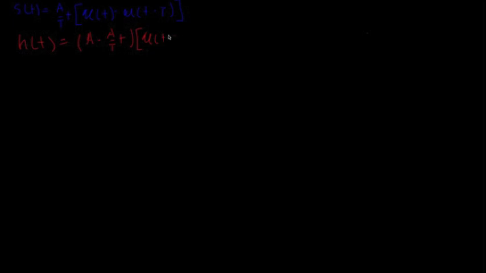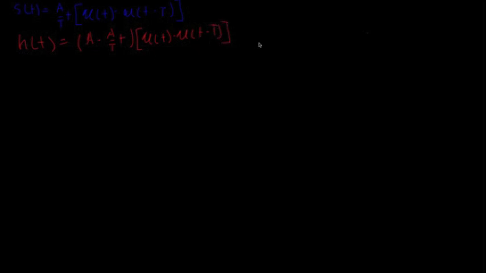Again, we said that s of t was equal to A over capital T times little t, all of that times the quantity of u of t minus u of t minus capital T. And in red, h of t is equal to the quantity of A minus A over capital T times little t, times the quantity of u of t minus u of t minus capital T.